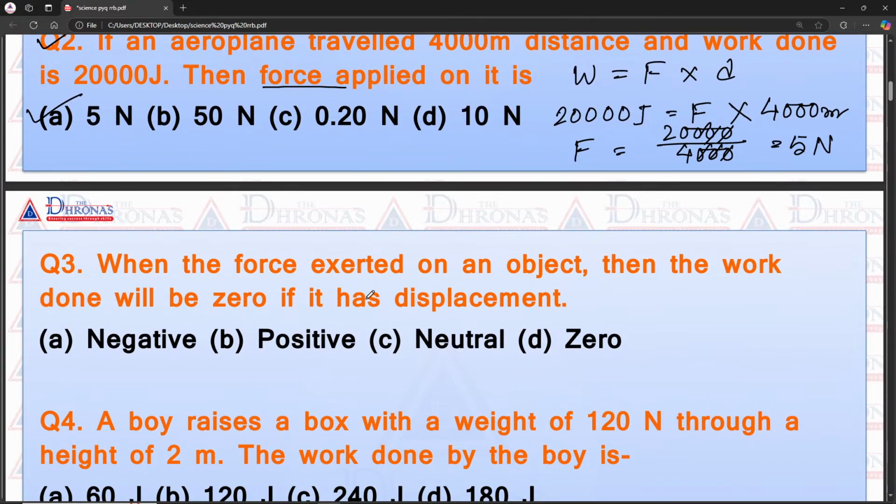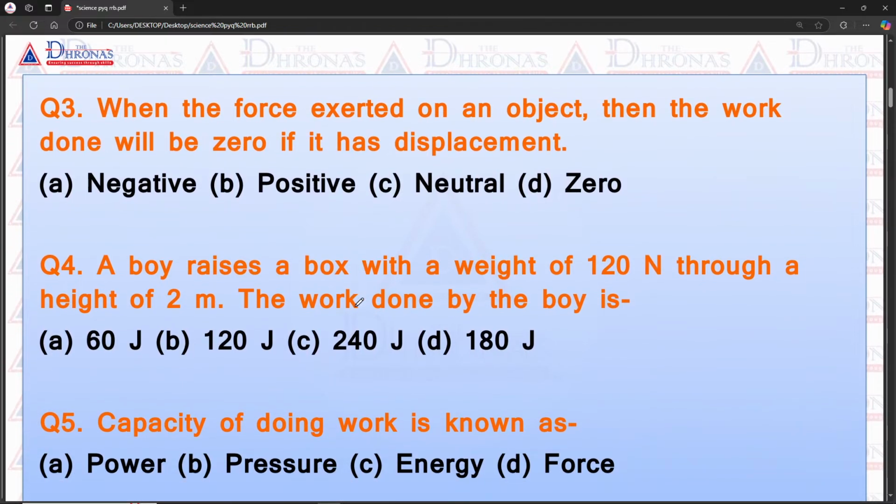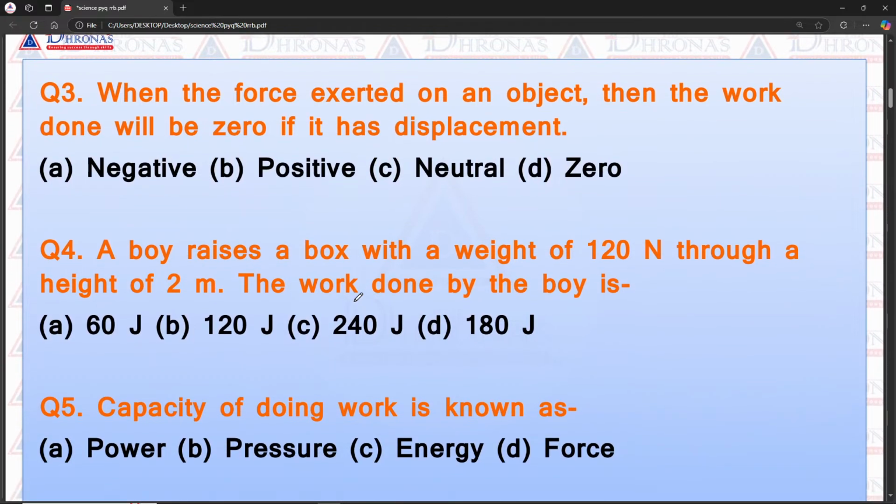These questions are from work, power, energy, and some of them are from Newton's law. So it's a mixed type of questions from these physics chapters. Question number 3. When the force is exerted on an object, then the work done will be 0. आपने किसी object के ऊपर force apply किया, but work done क्या हुआ? 0.